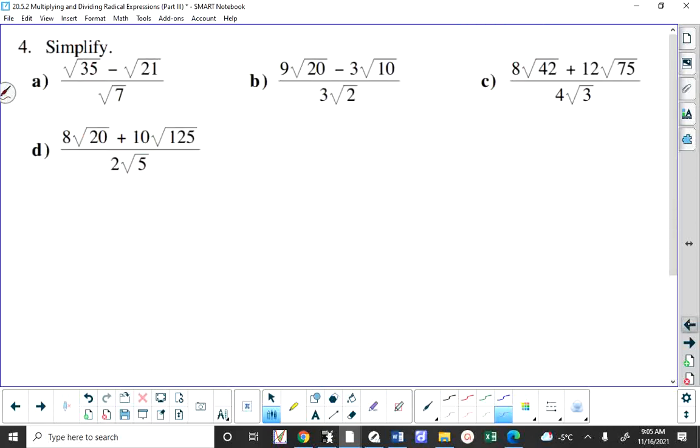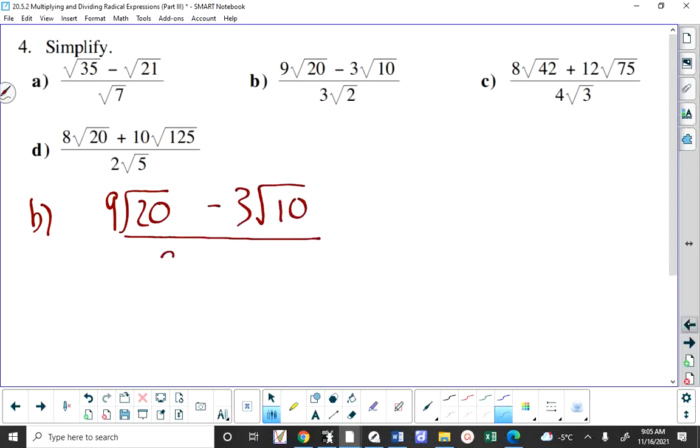All right, so we have 9 root 20 minus 3 root 10 over 3 root 2. I'm just curious, how many of you see, and not everybody's going to see this, so I'm going to show you the algebraic method.